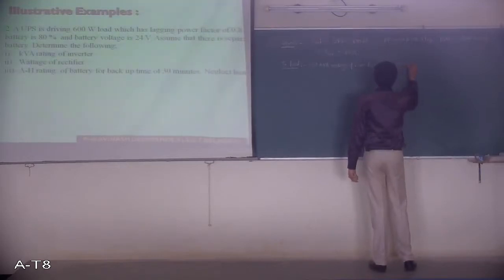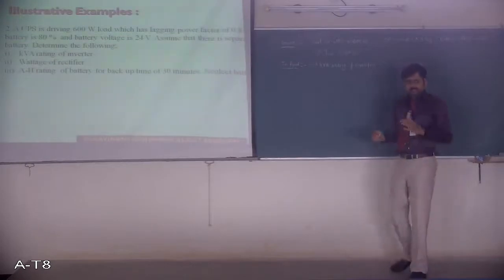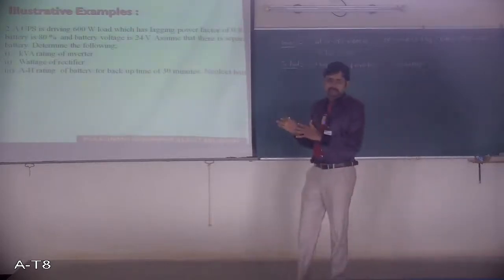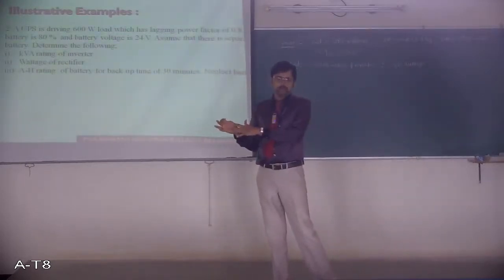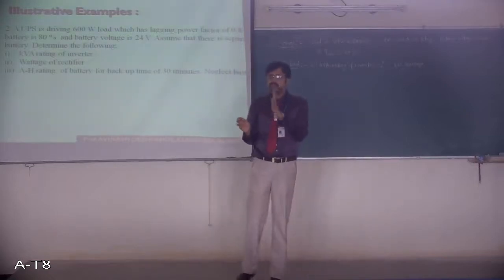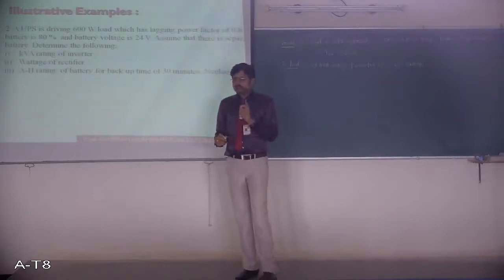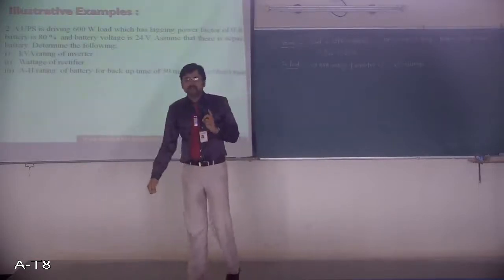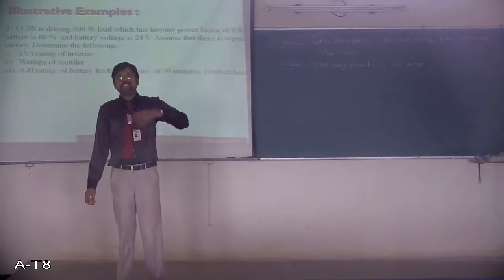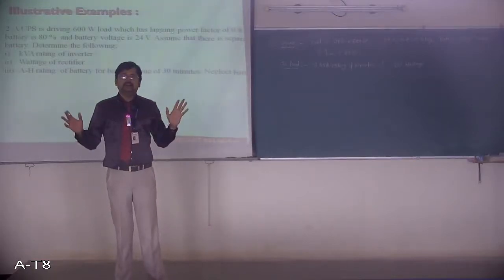So here the rectifier is only converting AC to DC and it is supplying the inverter, which in turn is supplying the load. Remember, now the rectifier is not acting as a charger to charge the battery, because the assumption given in this particular problem is that the battery is charged externally by a separate charger.